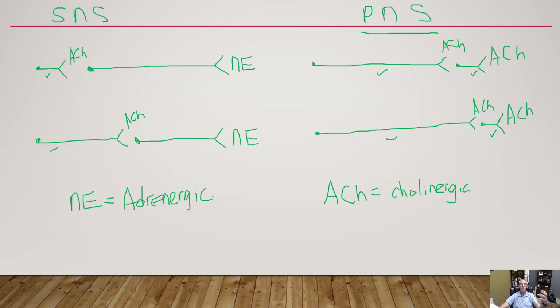Adrenergic neurons release norepinephrine, also called noradrenaline. So all of your postganglionic sympathetic nerve fibers release norepinephrine.